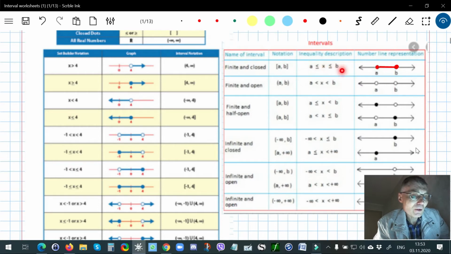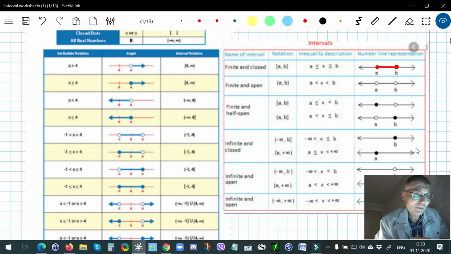And if we write a double inequality, it means that at the same time x is less than or equal to b, and at the same time x is greater than or equal to a. So it's possible that our x is equal to a, as well as it is possible that our x is equal to b.